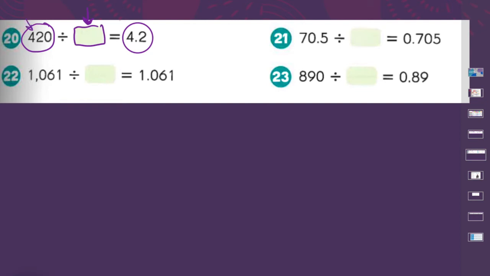And I'm sorry, I said divisor over here. This is our dividend. Will it be 100? Will it be 1,000? Will it be 10? Think about the movement of the decimal point and see if you can figure out what it would be.